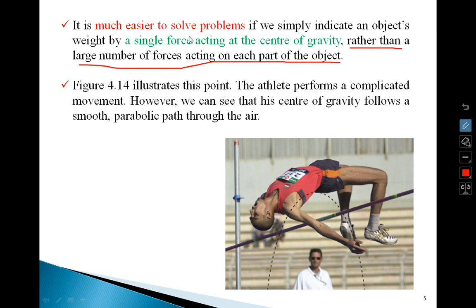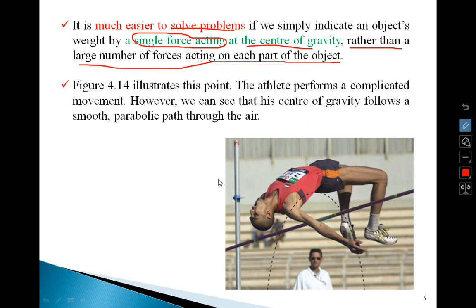So if we find a single point or a single force acting on this object, it's much easier to solve many problems than using a large number of forces acting on each part of the object.